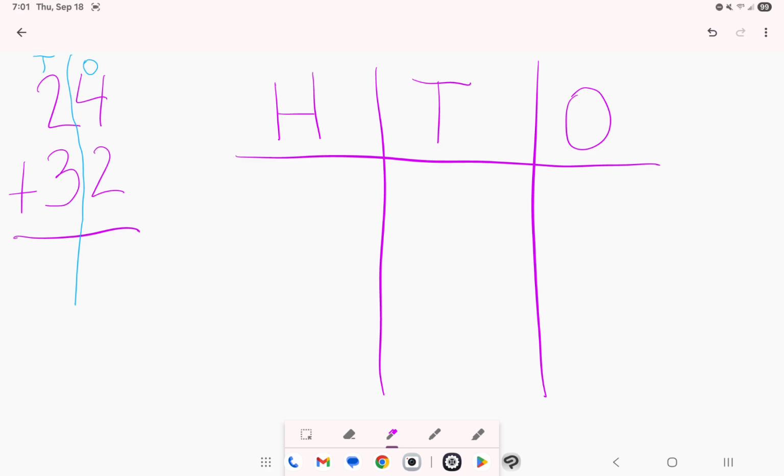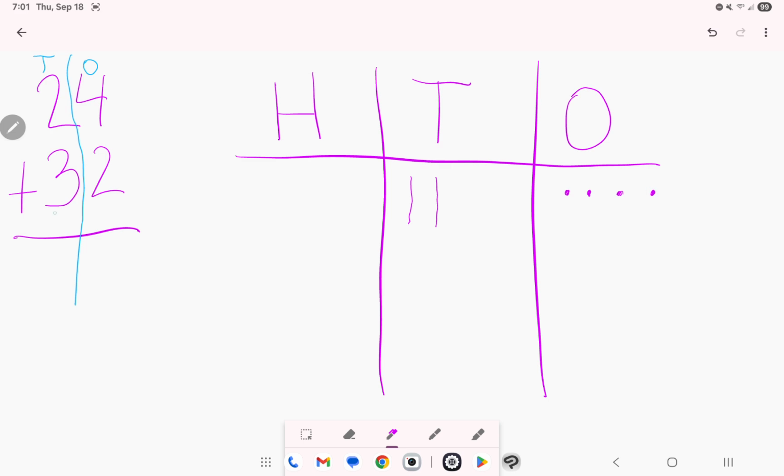So in 24, there are 2 tens. So we're going to draw these stick things, which are called rods, and they represent a group of 10. So that's 10, 20, and then there are 4 ones. So we're going to put 4 dots in the ones place to represent 24.